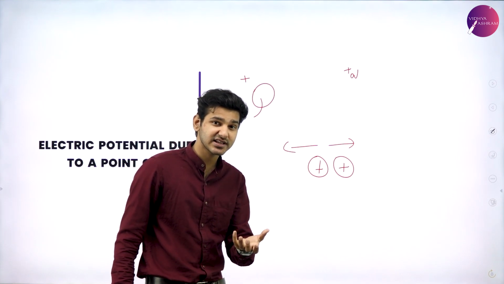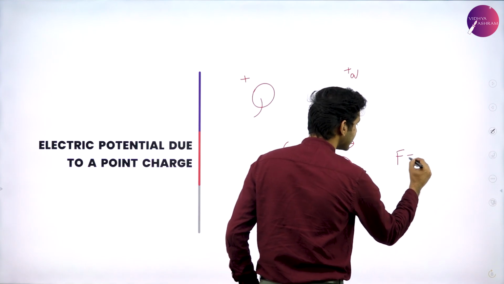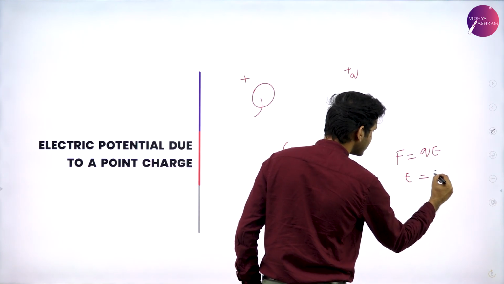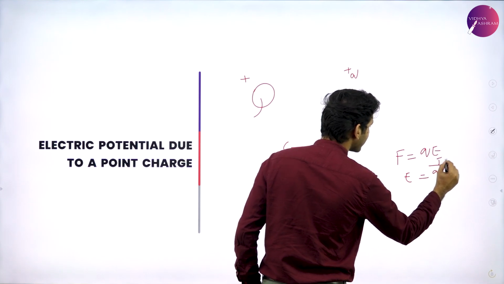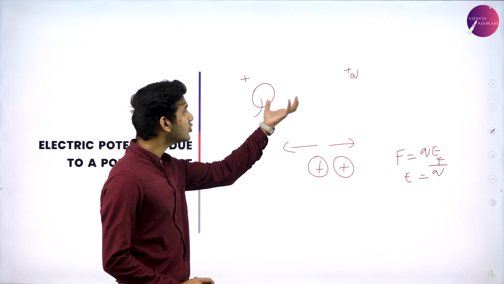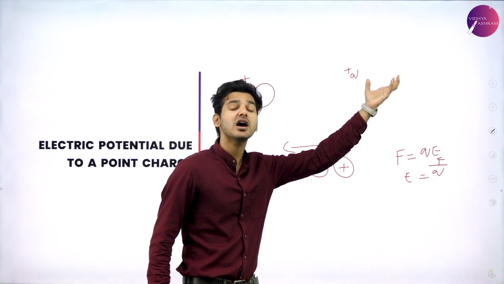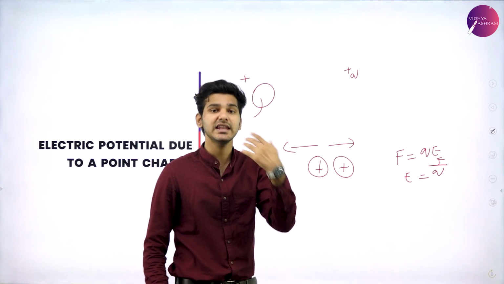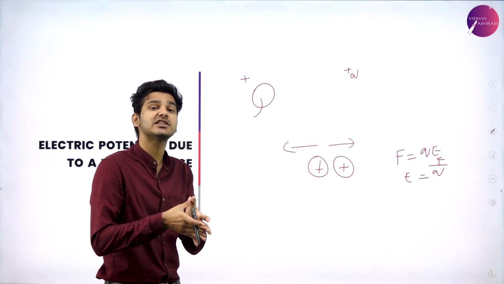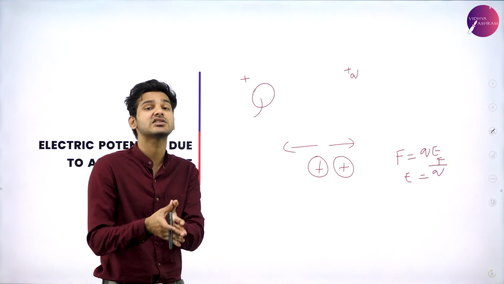We have already seen that in the first chapter, given by the equation F is equal to QE, or E is equal to F by Q. So we know that the force experienced is nothing but the electric field, which means that when a unit positive charge or any charge comes near another charge, it will experience a force as soon as it is under the influence of its electric field.